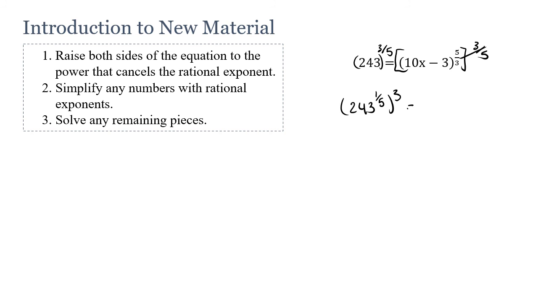That's a 3. The left-hand side. Okay, because 243 to the 3/5, that changed to 243 to the 1/5 cubed. 243 to the 1/5, that's the 5th root of 243. That's actually going to be 3. Write this again. Now 3 squared, that's going to be 27.